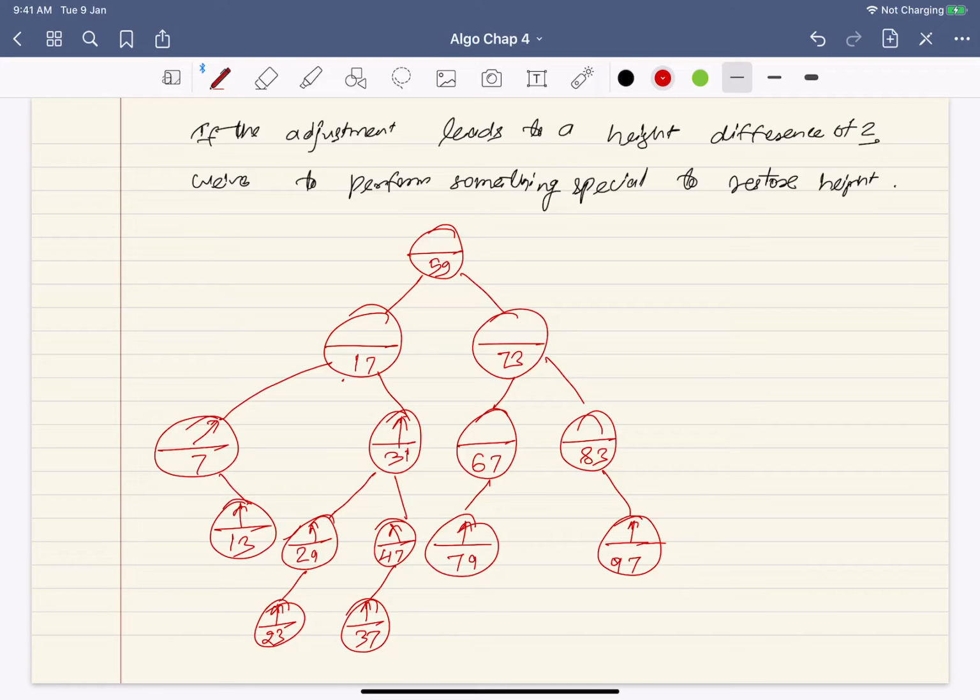Okay, again here for 83, I think I attached 79 to the wrong node, so it cannot come here. 73 is the left subtree, 79 has to come here. Okay, so 79, they both have 0 height, it's balanced. 67 is balanced, and 73, they are both balanced.